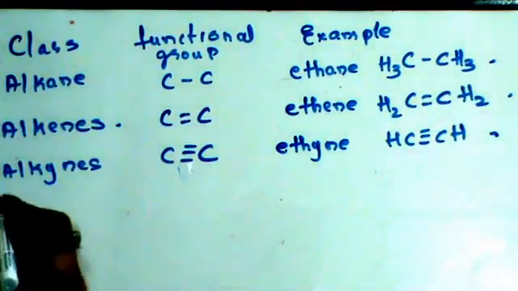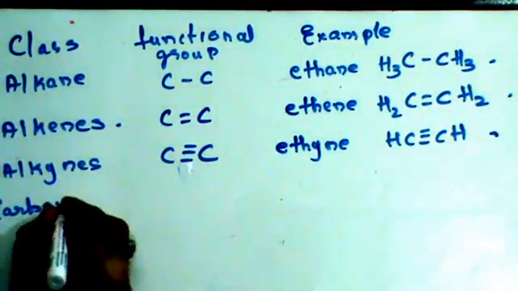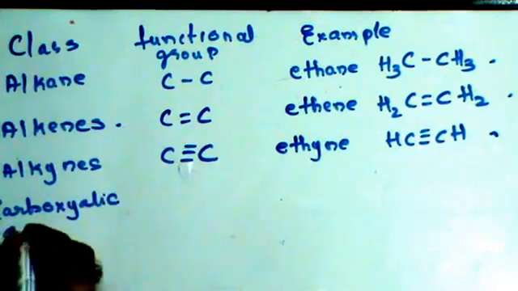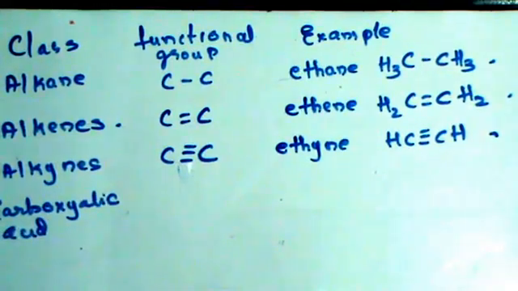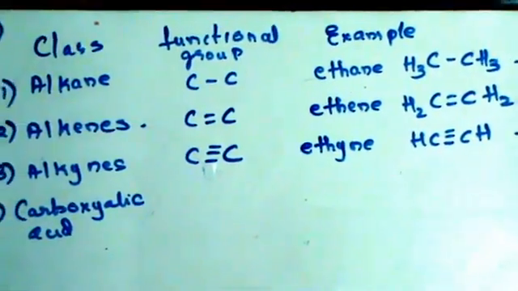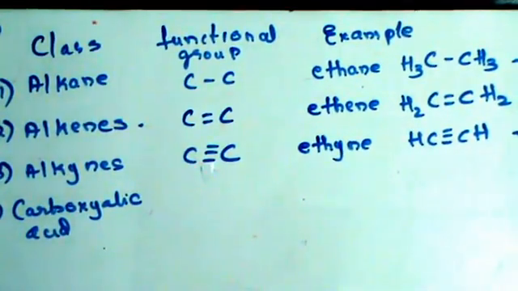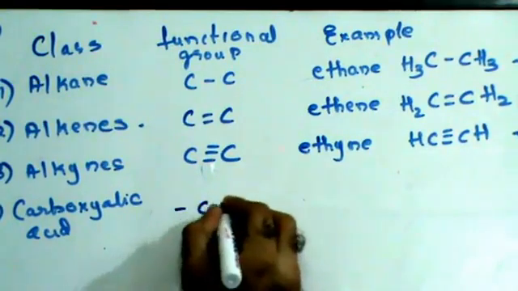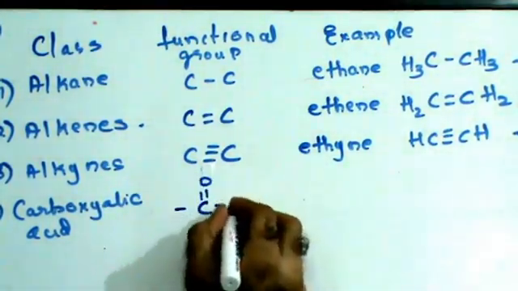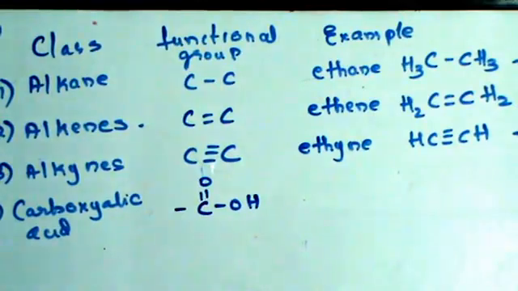Next, you have carboxylic acids. Right? What are carboxylic acids? They have functional group COOH. Fine, we get this thing here. Now, let's see an example of this.